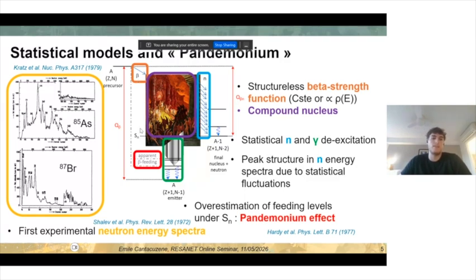And that this indirectly means that you're going to have an overestimation of the feeding of levels under Sn. And so basically by putting this context, Mr. Hardy kind of said, well, you cannot do any nucleus structure by measuring neutron energy spectra.